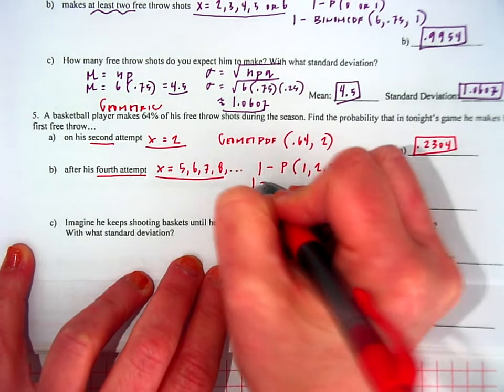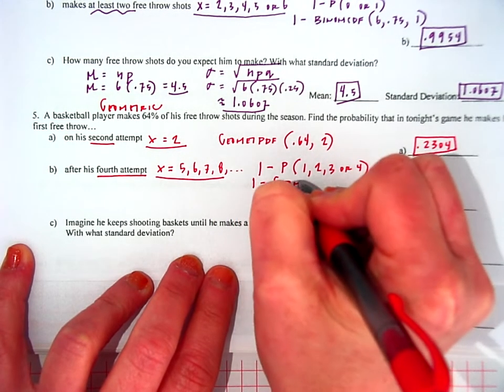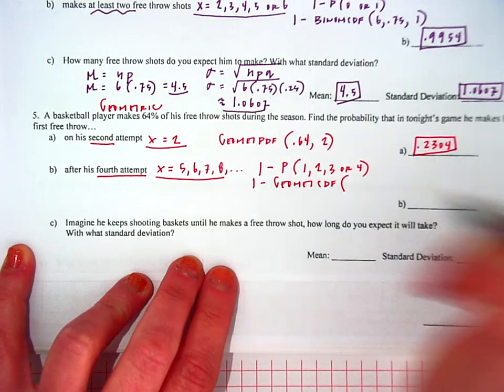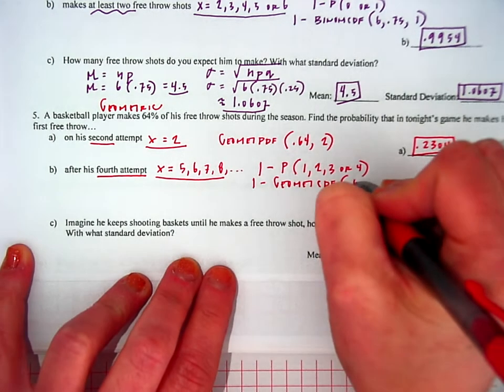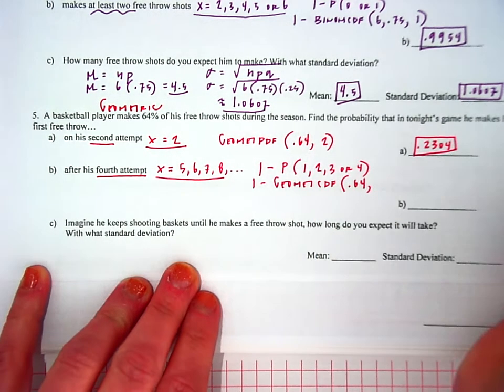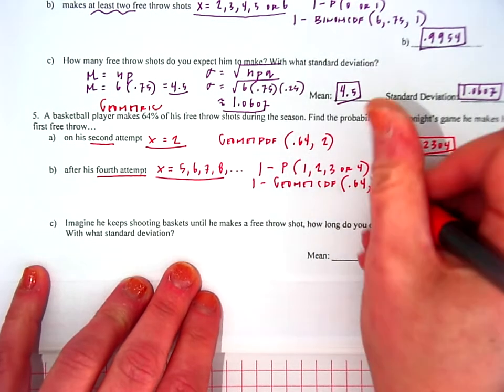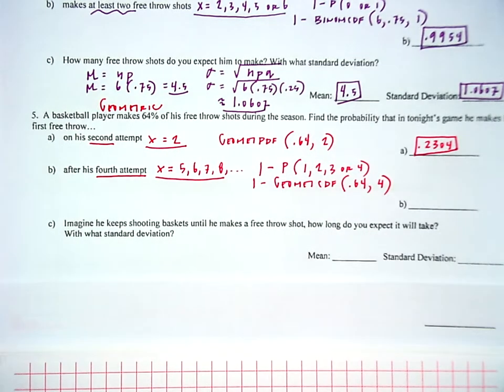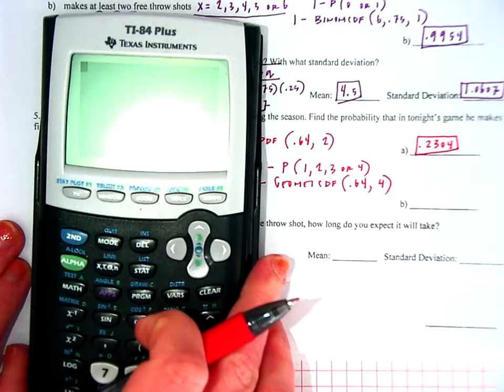So 1 minus geometcdf, cumulative function this time. So 0.64 is that probability of success, and we're looking at on the 4th try or less. So if I type that in, here I'll do it with you this time, I'll show you what I'm doing.